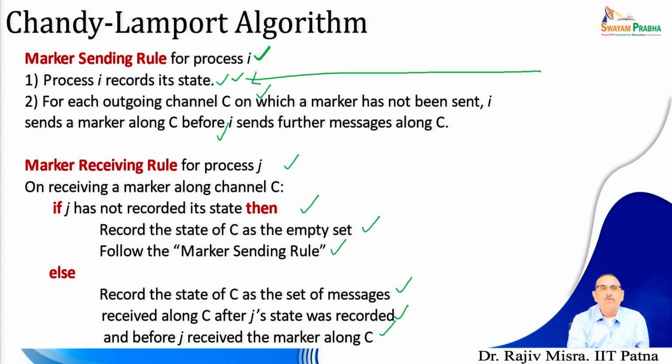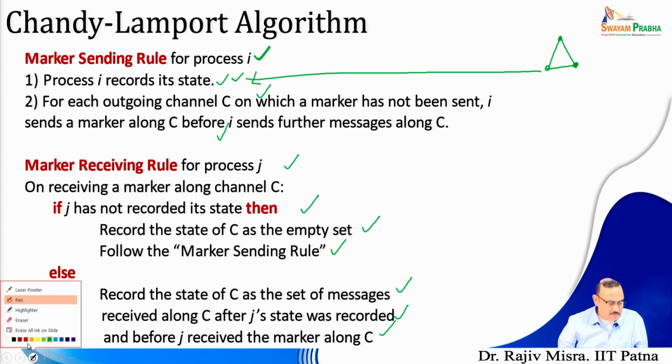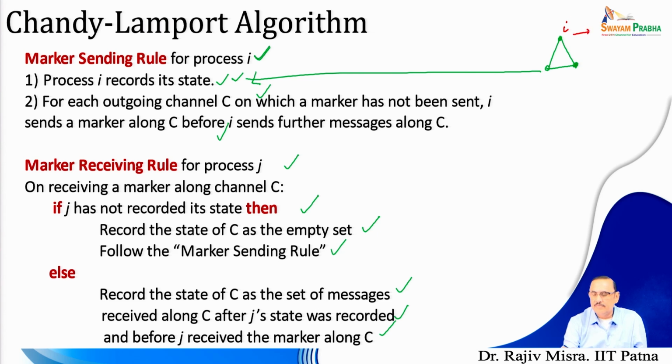Now, for each outgoing channel, let us say this is the graph, and you will understand here. Marker sending rule for a process I: let us say this is process I, it records its state.